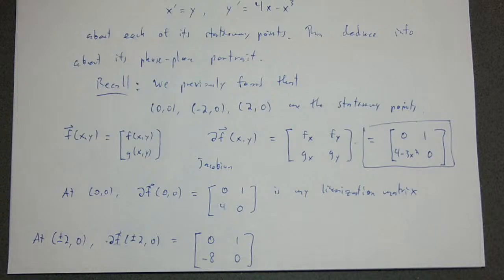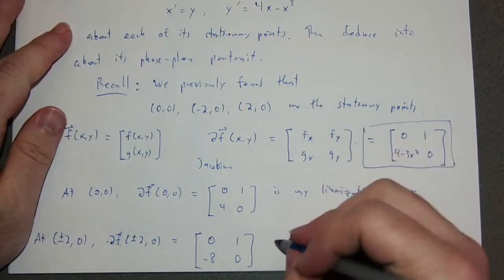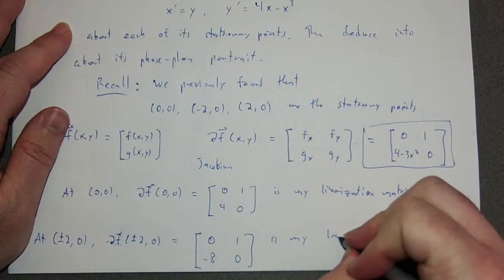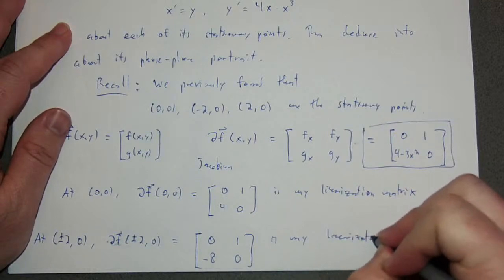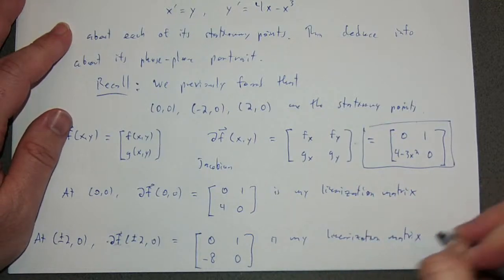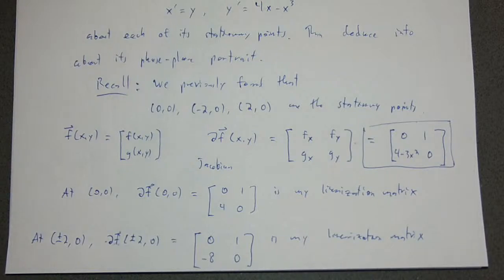And so this is my linearization matrix. All right. So now, what do I do? Well, what I do is I basically do my classification of phase plane portrait stuff to figure out what this means for my system.